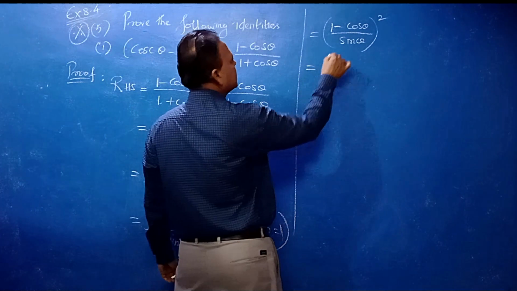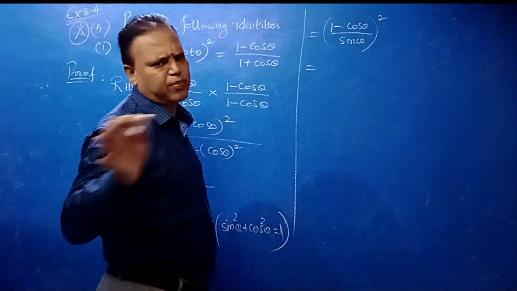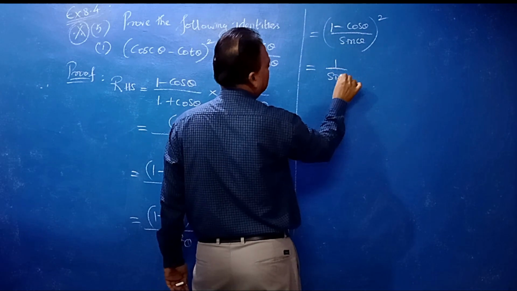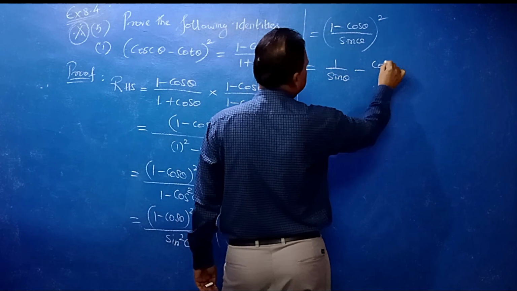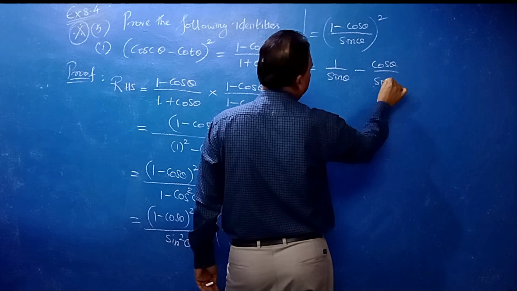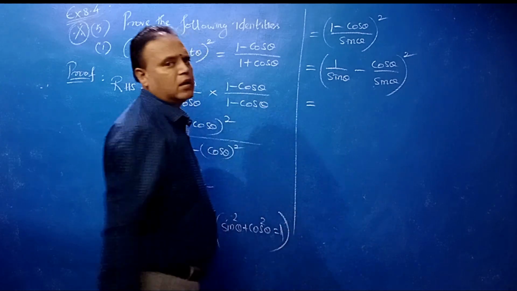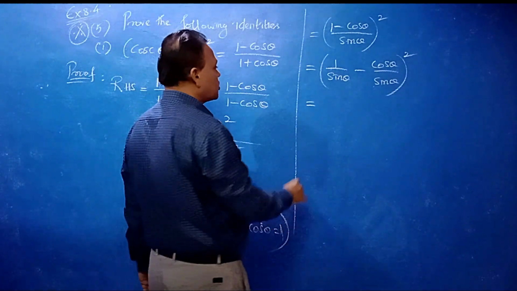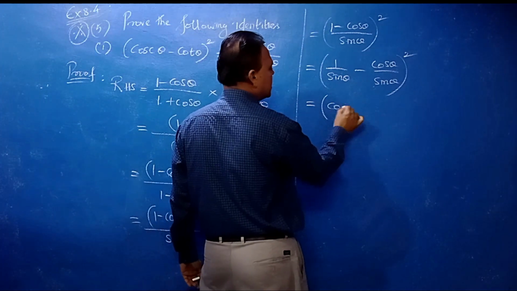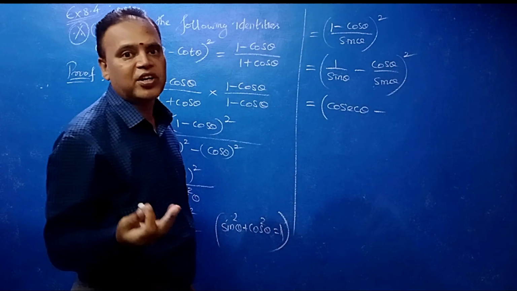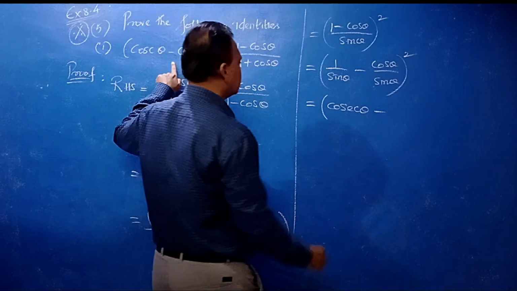So 1 minus cos theta by sin theta whole square. What you can do is divide separately. That means 1 by sin theta minus cos theta by sin theta the whole square. Now you see, 1 by sin theta is what? Cosecant theta. Cosec theta minus cos by sin is what? Cot theta. You see the proof correctly and you will get cot theta.